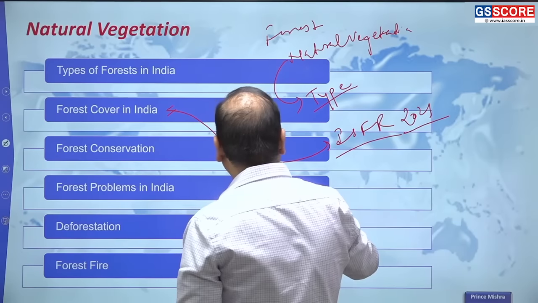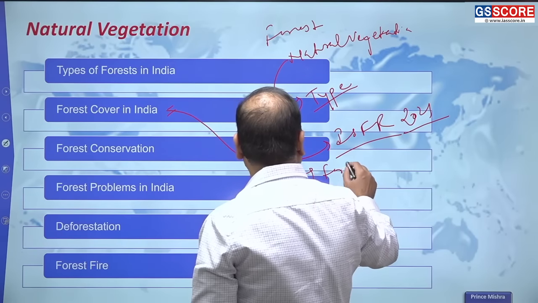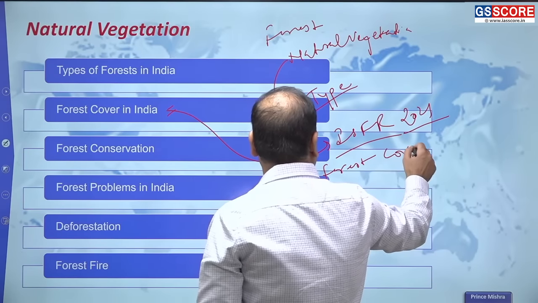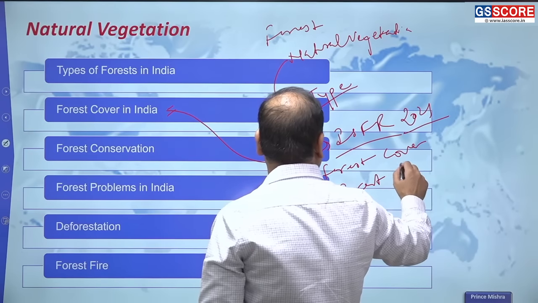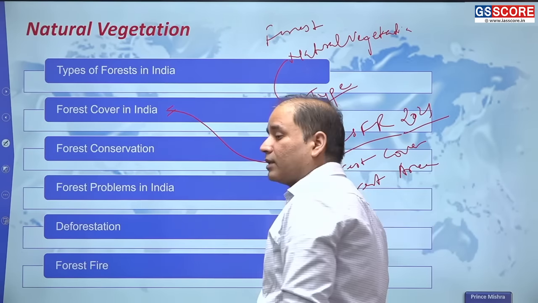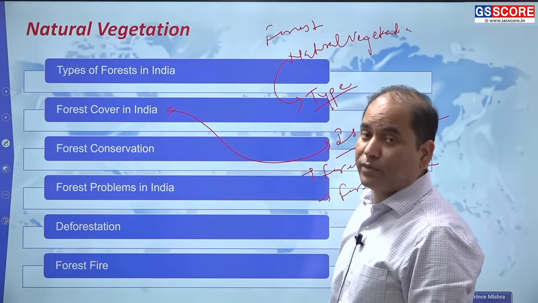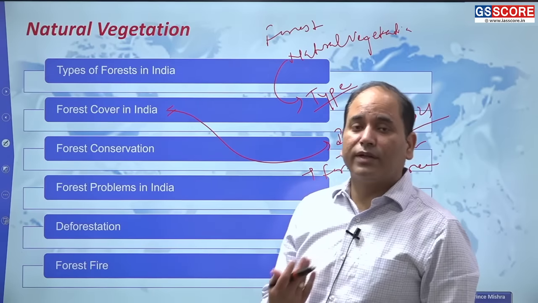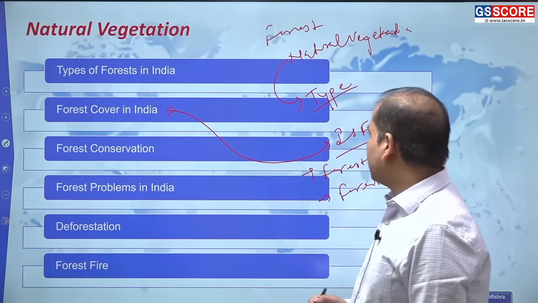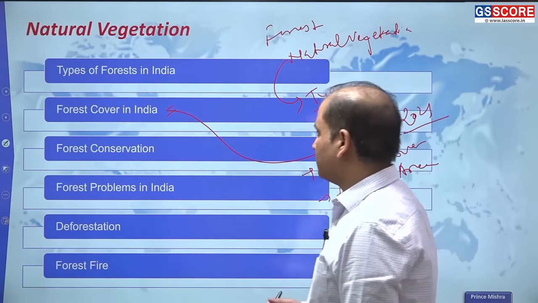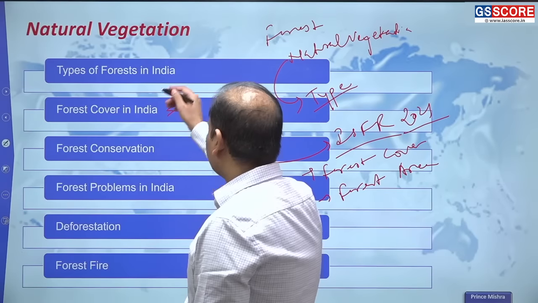In that forest survey, you also need to know what is the forest cover, what is the forest area. What is the difference between forest cover and forest area, and why this difference? What are the different criteria to be qualified to be called a forest, what criteria is the Forest Survey of India using? So all these you need to study.